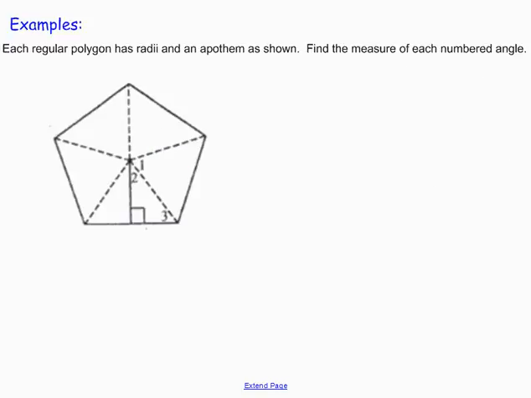So, find the measure of each numbered angle. Do you remember yesterday? We took 360, which is the circle, divided by the number of sides to figure out that angle for angle number 1. So 360 divided by 5 is 72. So angle 1 is 72 degrees.